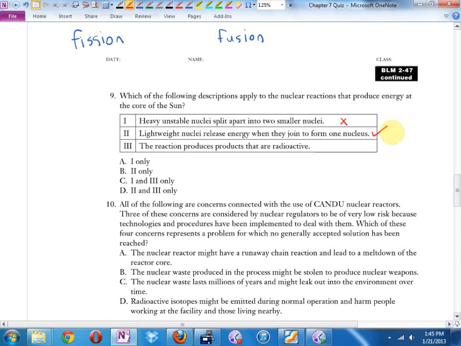The reaction produces products that are radioactive? No. The answer is B.